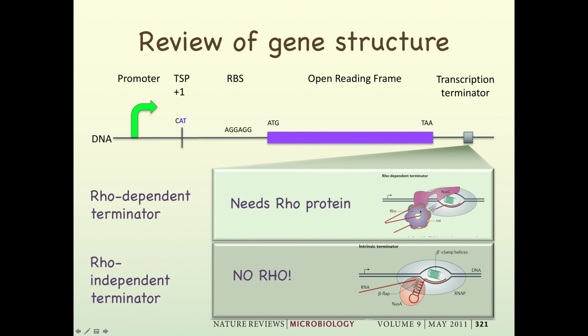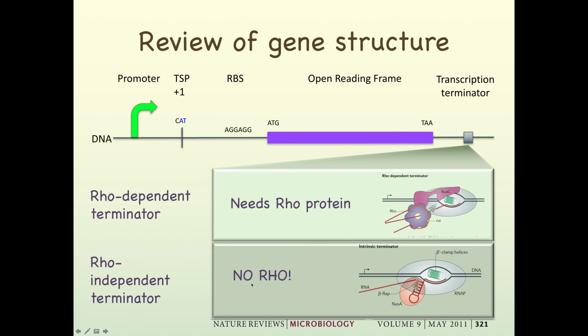The second type of termination that we'll talk about probably the most in class is Rho-independent terminators, and these do not need the protein Rho. The reason why we'll talk about these more is because these are very easy to find in genomes, whereas identifying Rho-dependent terminators is very, very difficult.